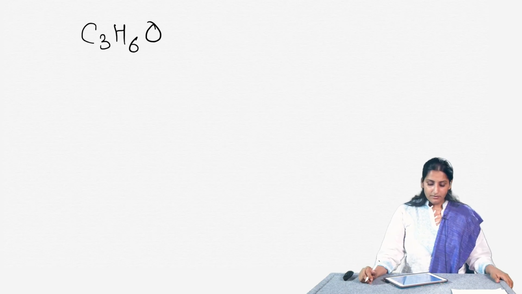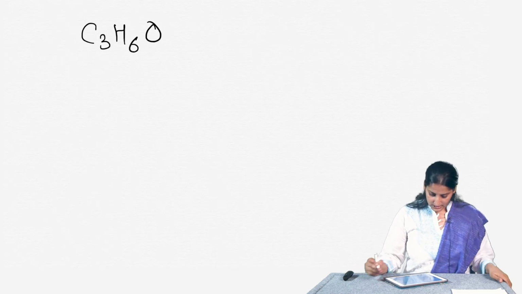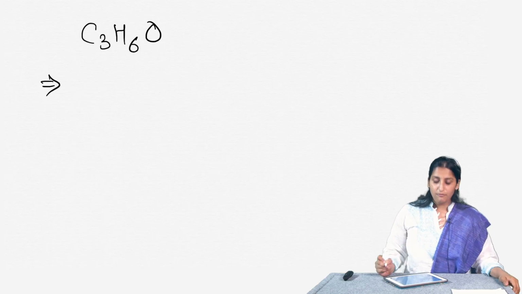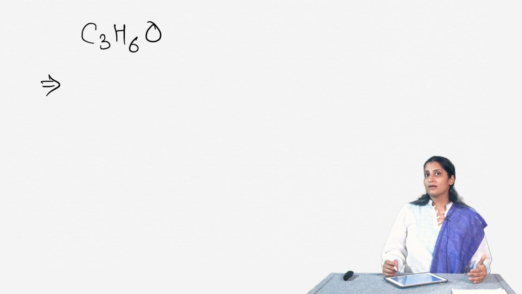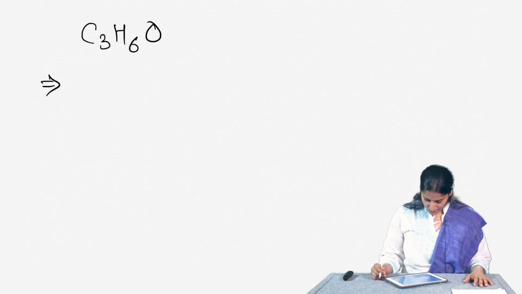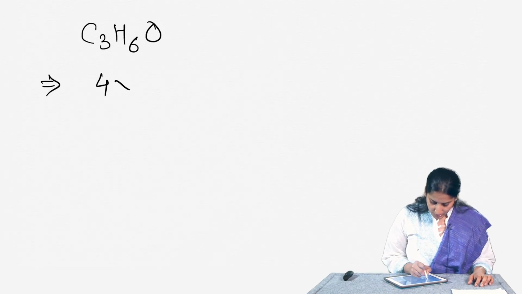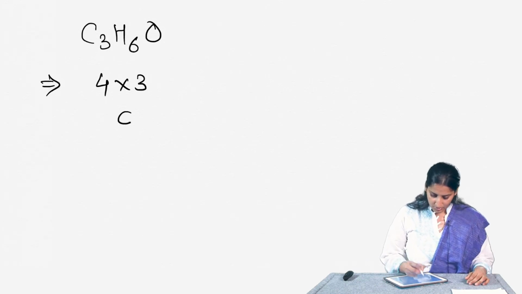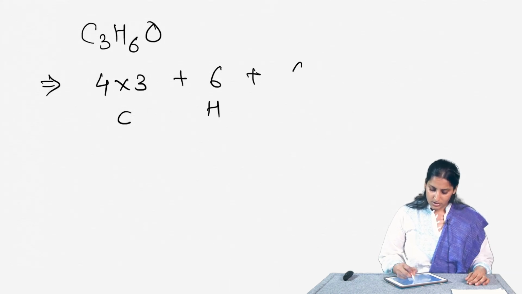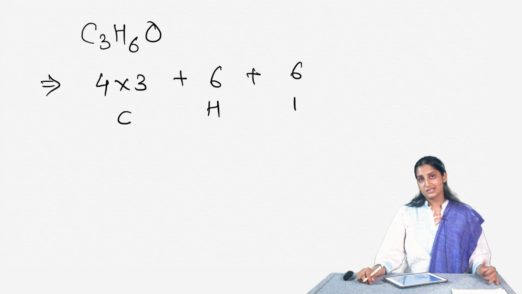Okay. Whenever we have a compound like this, let us first figure out the number of electron pairs that we have. In order to do that, we first calculate the number of valence electrons that are present in the system. So, for carbon we have 4 electrons, and I have 3 of these carbon, plus hydrogen, we have 6 hydrogens, and oxygen, there is 1 oxygen with 6 electrons.